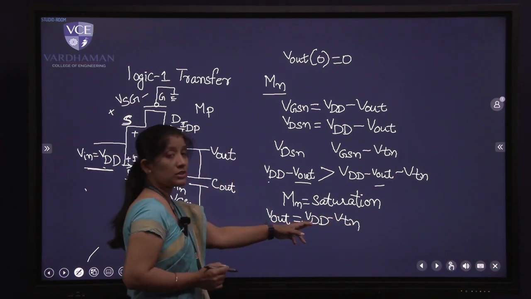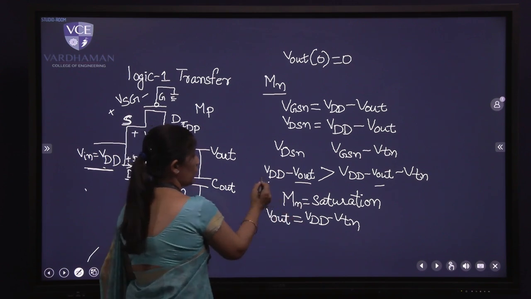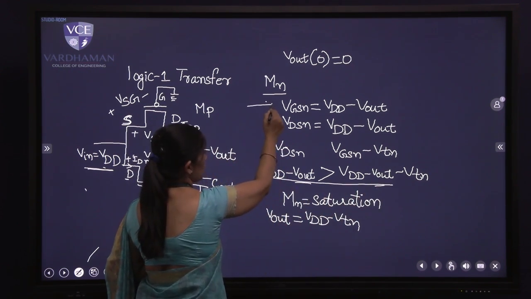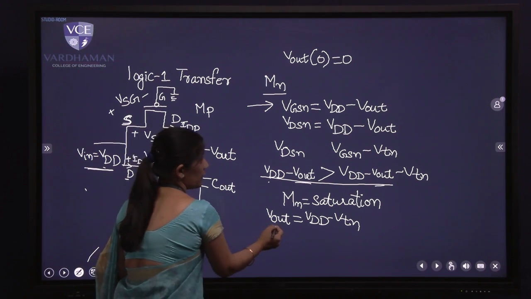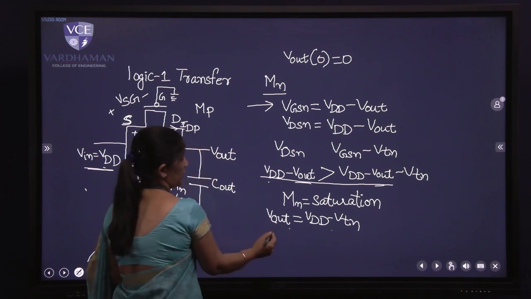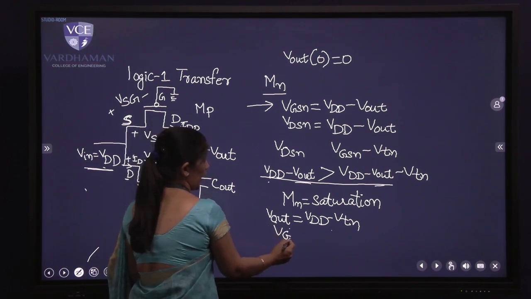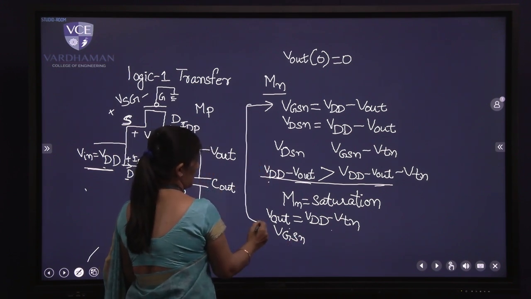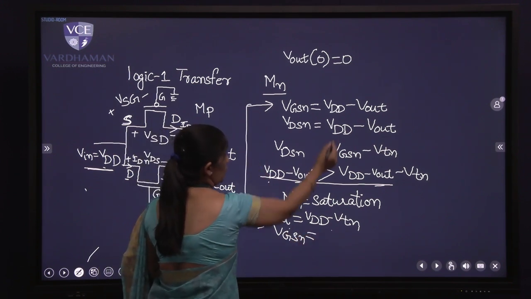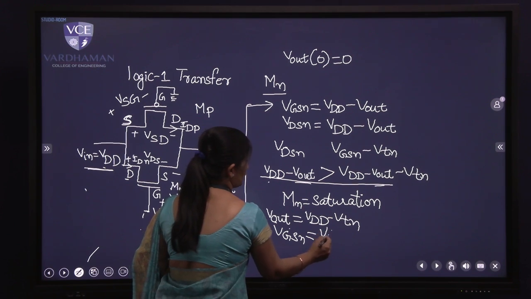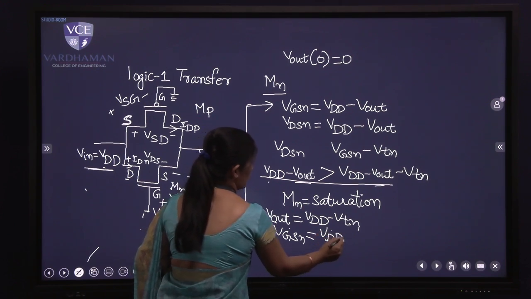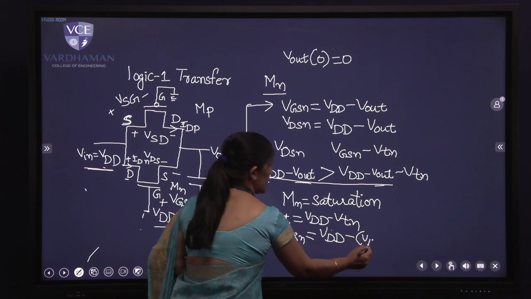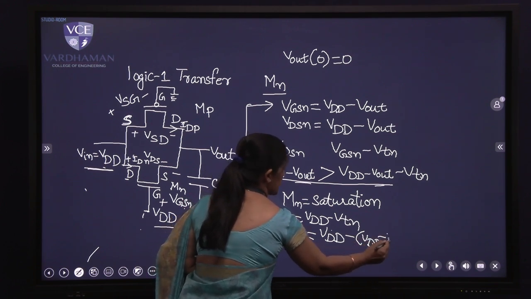Suppose I cross VDD minus VTN, what will happen to this relationship, or to my VGS voltage? When Vout is equal to VDD minus VTN, VGSN is equal to VDD minus Vout. So I substitute Vout equal to VDD minus VTN.